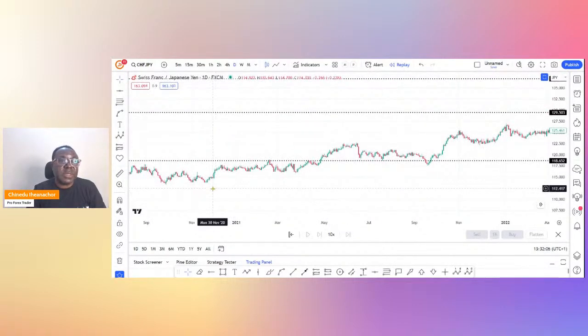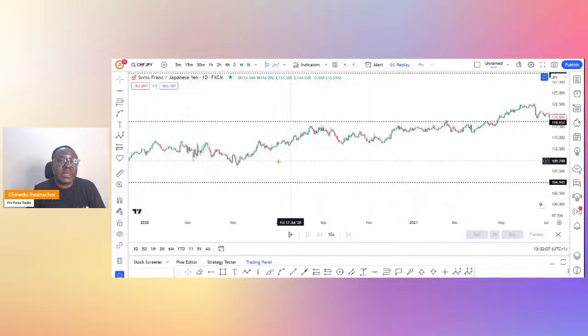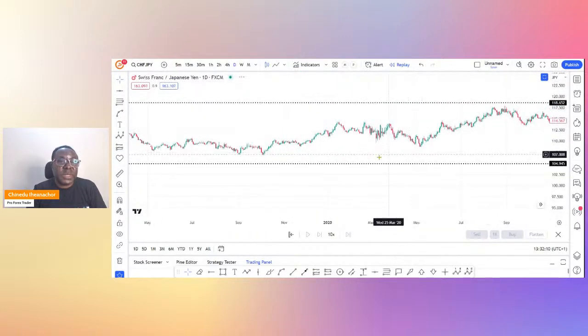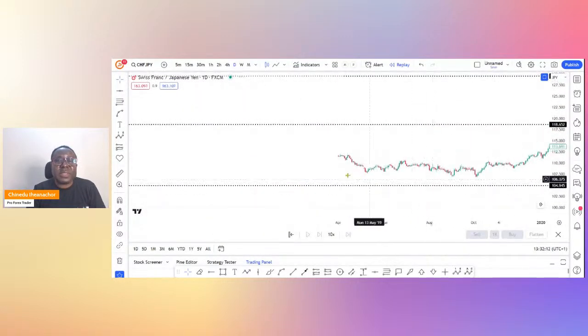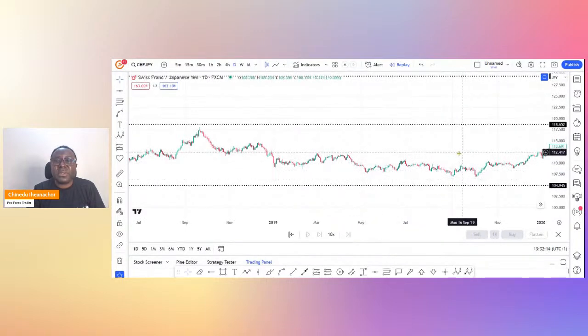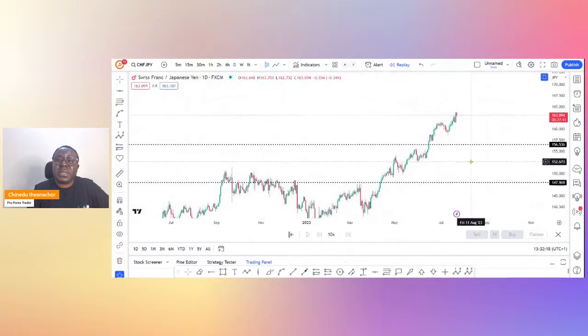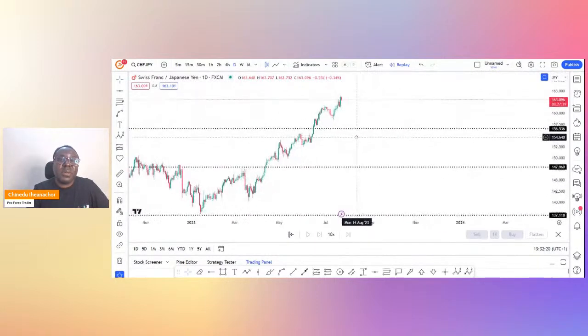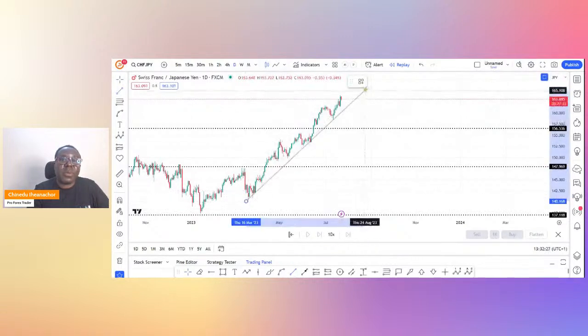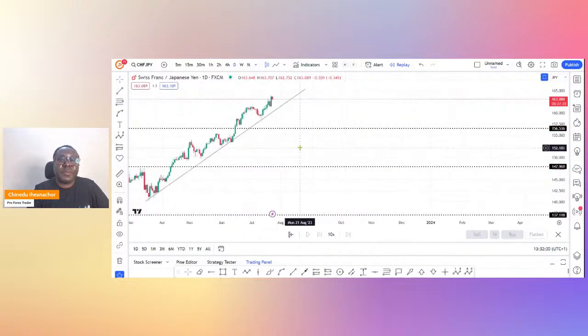It's been bullish even since 2020, 2019. I think it did a lot of corrections here, bottom tanked around that area, and then started pushing up. And there seems to be a good trend line that one can draw from here into the current price.